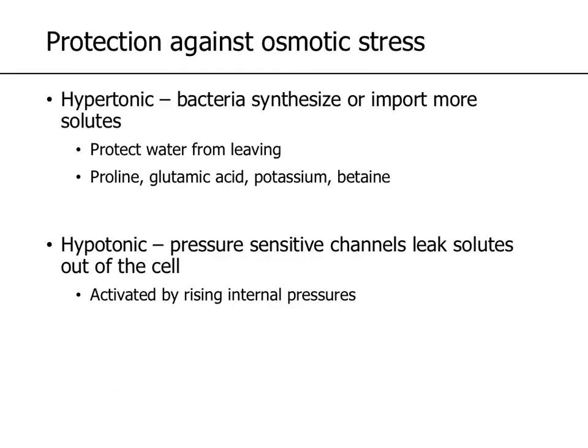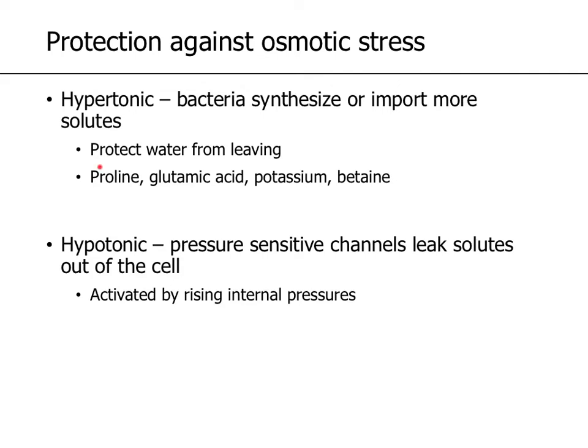So, strategies for microbes in the different situations. If they're in a hypertonic situation, right, so there's too much solute on the outside, it always wants to be balanced, right? So instead of trying to deal with the water change, the other strategy is to just increase the concentration of the solute inside the cell, right?